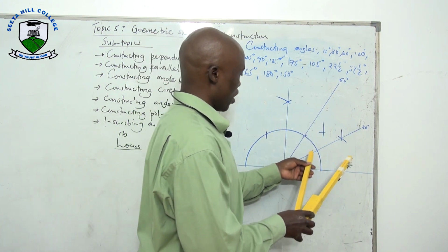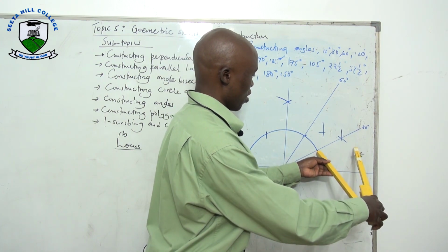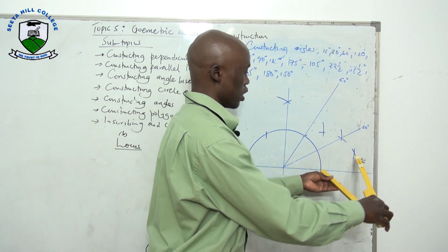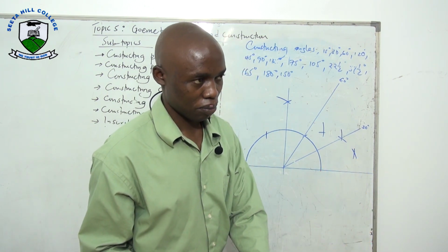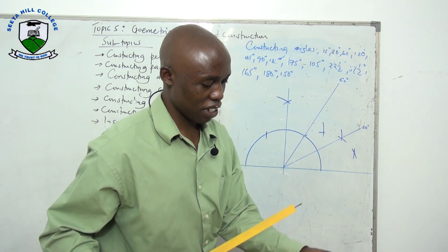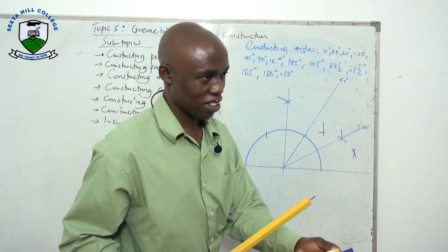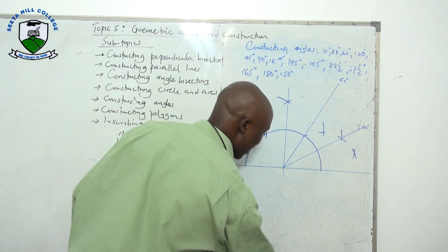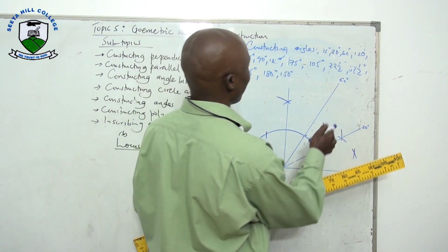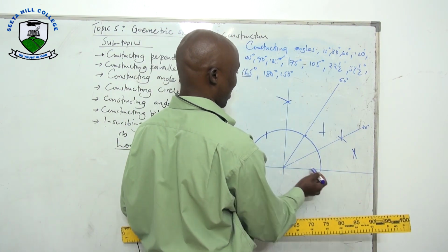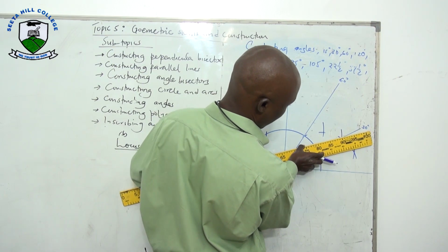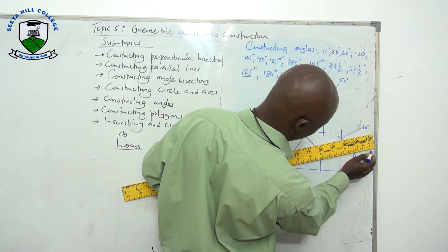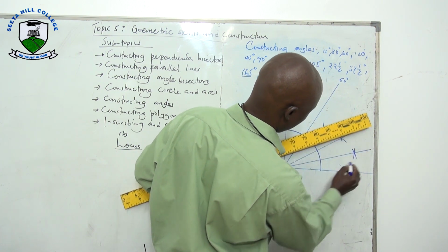I also make 15, not so? Here. On the other side of 15, behind 15 you get 180 minus 15. That means behind you get 165. That means when you get 15, you can get 165.